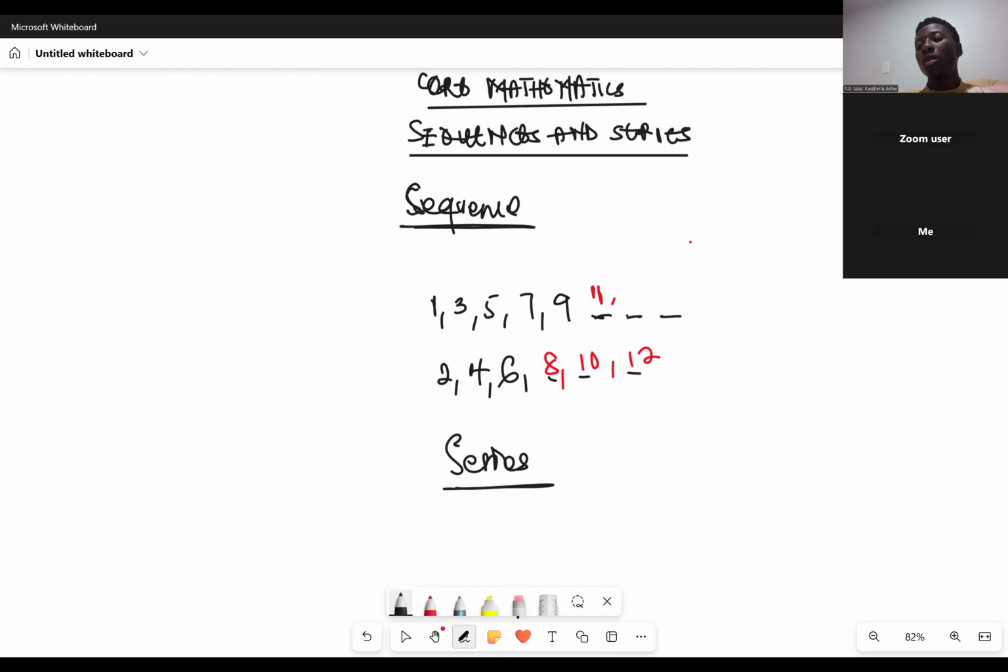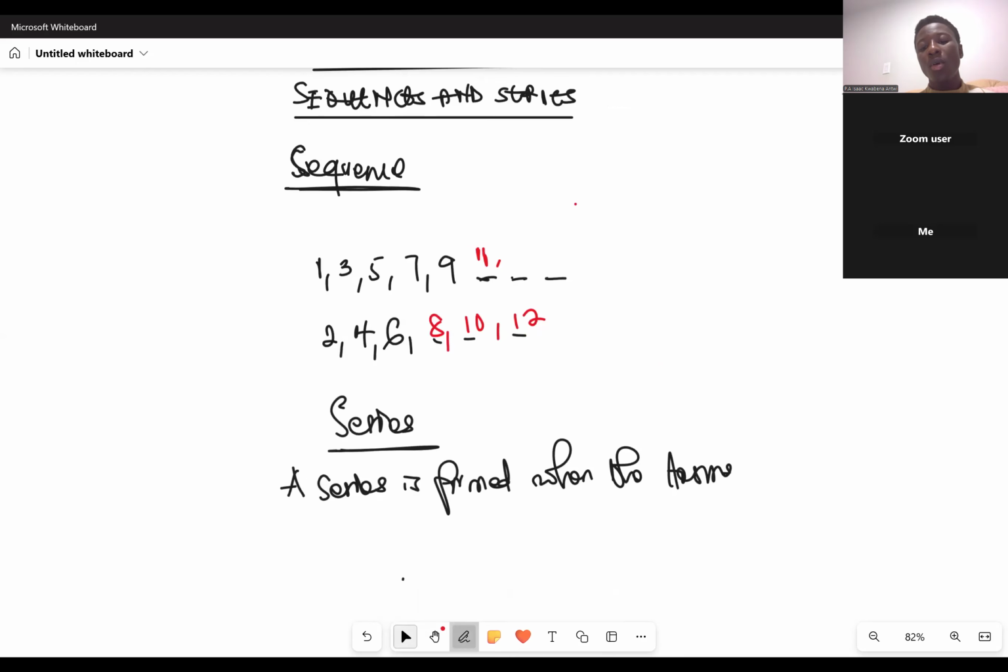In case you want a nice definition for your notebooks, some of you can write this: a series is formed when the terms of a sequence are added.